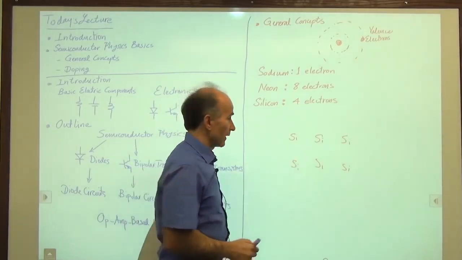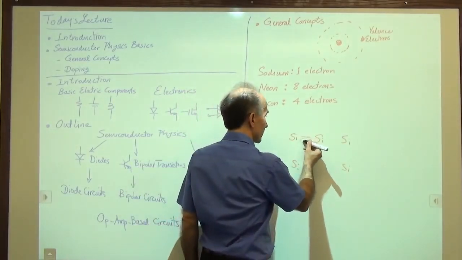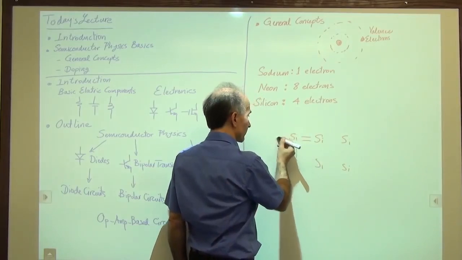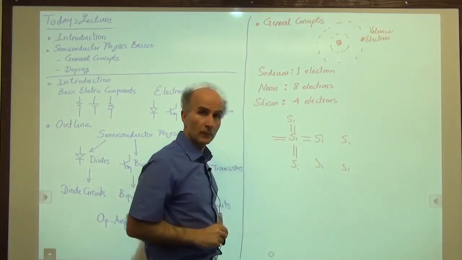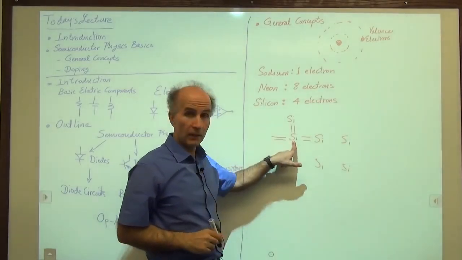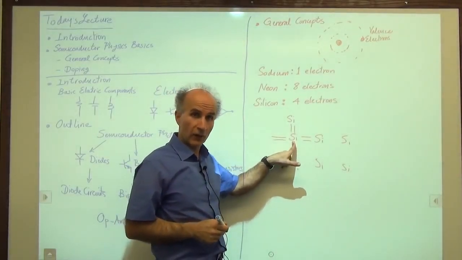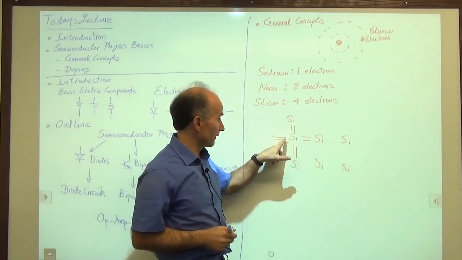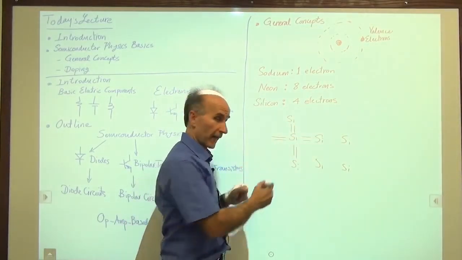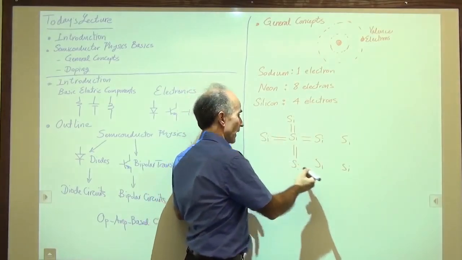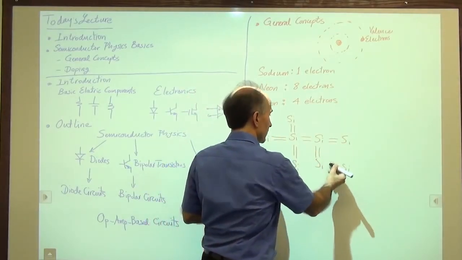So what it does, it begins to share these electrons with the neighboring atoms. So now this silicon, some of the time, has 8 electrons, so it's complete, because it has 4 of its own, and then it's borrowing 4 from these 4 neighboring atoms. And so on. This continues everywhere.